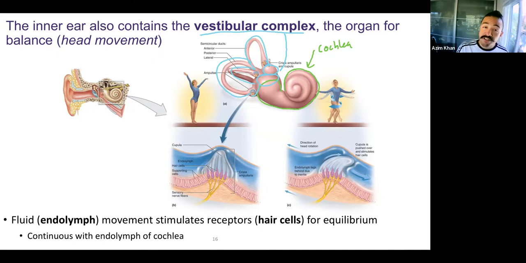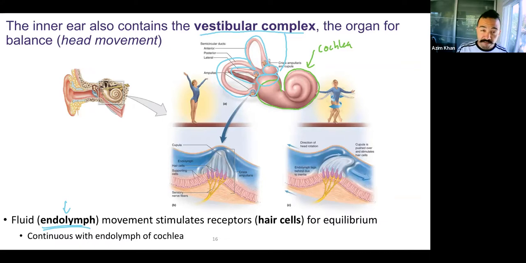In these bulges and loops, what we have is fluid. So this is fluid filled as well, just like the cochlea. It's the same endolymph that's in the cochlea. It's continuous.